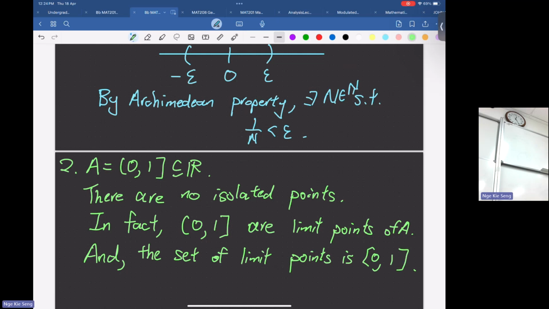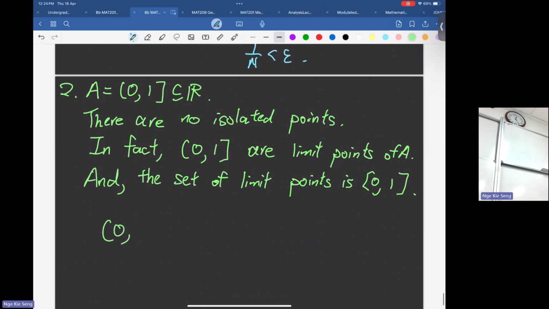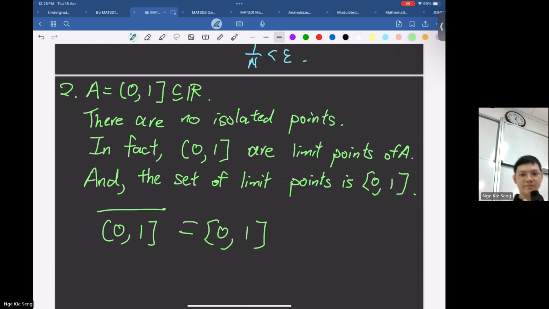Meaning this half-open interval's closure is the closed interval 0 to 1. That's why we call it a closed interval: it contains all its limit points.